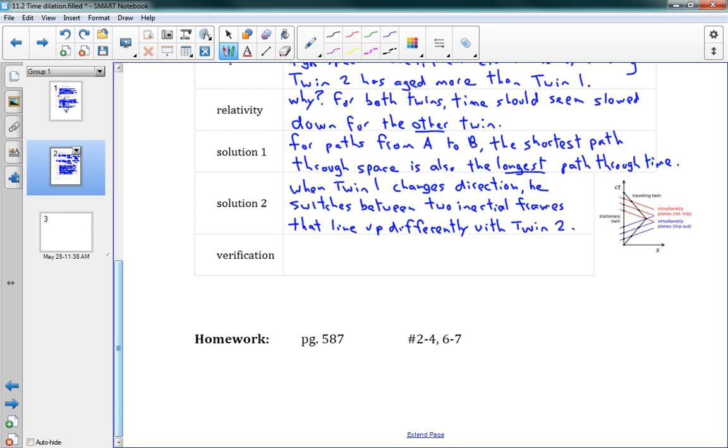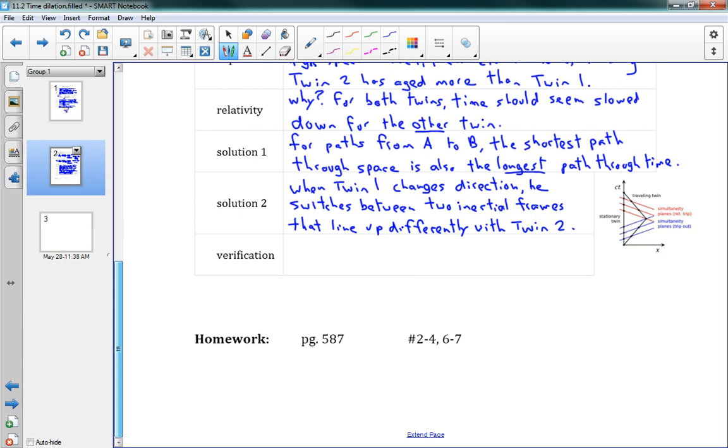So we can say twin 1 is driving away in an inertial frame, away from Earth, and then he drives back towards Earth in an inertial frame. But at some point, those two frames are different. At some point, he had to accelerate to change directions. He had to switch inertial frames. And that switch is what causes this mismatch in their time alignment.